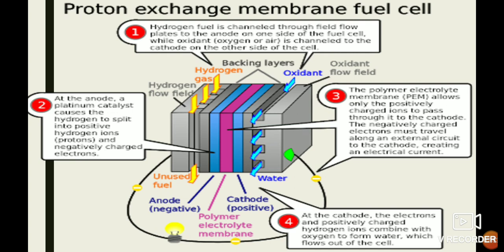Firstly, construction. First point, hydrogen gas and oxidant or oxygen flow field. Hydrogen fuel is channeled through flow field plates to the anode on one side of the fuel cell, while the oxidant, oxygen or air, is channeled to the cathode on the other side of the cell.